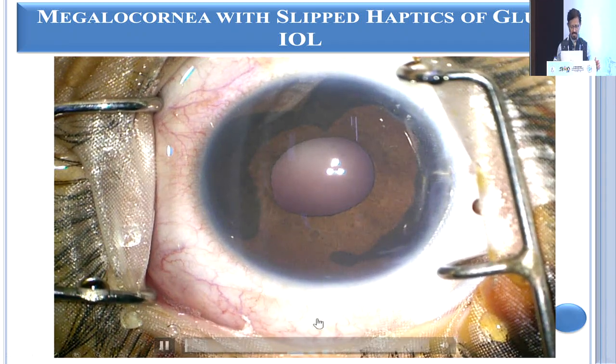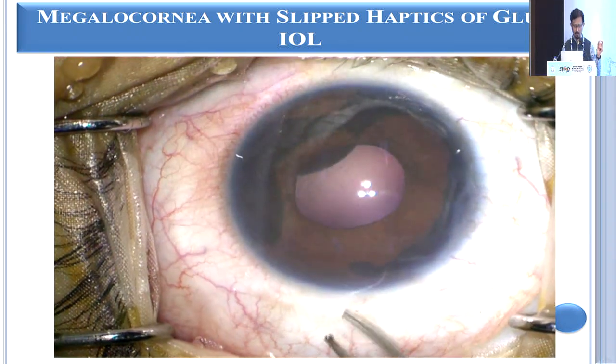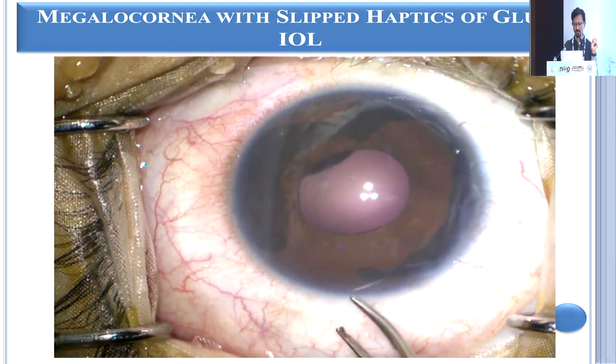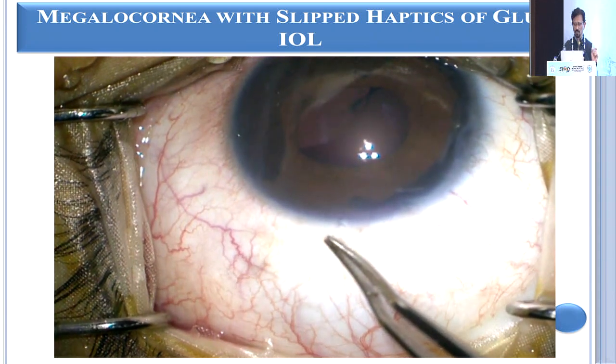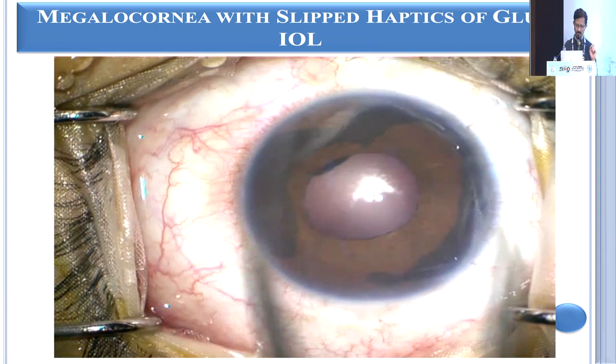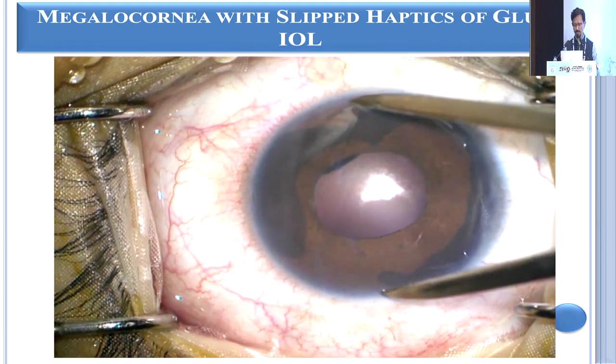So when the patient came to us, the patient was looking aphakic, had a sudden drop in vision, and on paper it was written that glue dial was done. We saw the patient, the pupil was not fully dilating, but this much it was dilating.